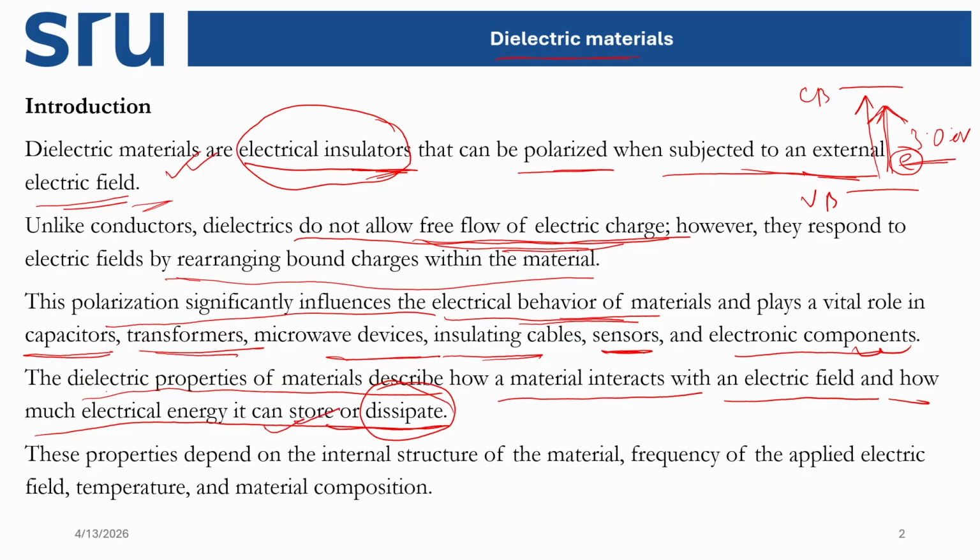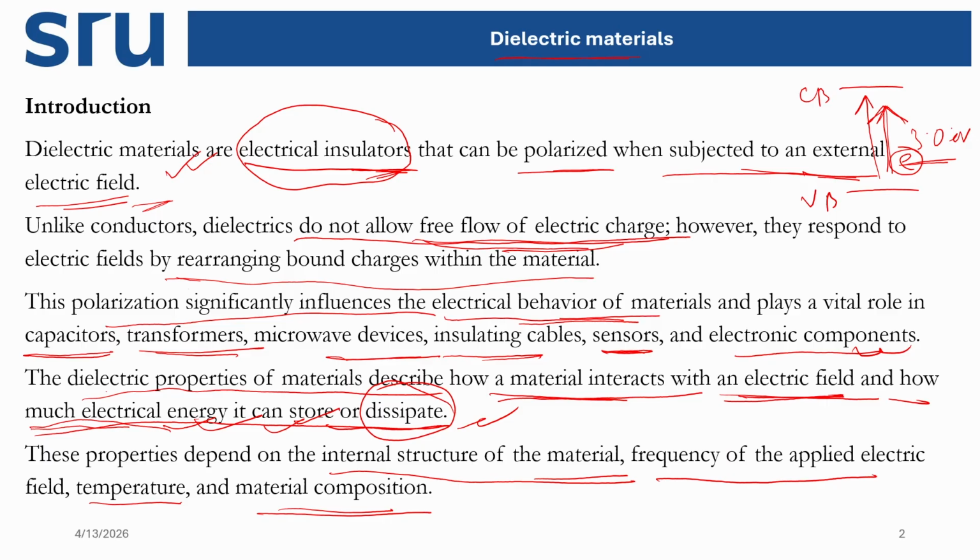So there are two things here: the material interacts with the electric field, and after the interaction we calculate how much electric charge it can store or dissipate. These properties depend on the internal structure of the materials, the frequency of the applied electric field, temperature, and material composition. We can categorize these properties of the dielectric substance.